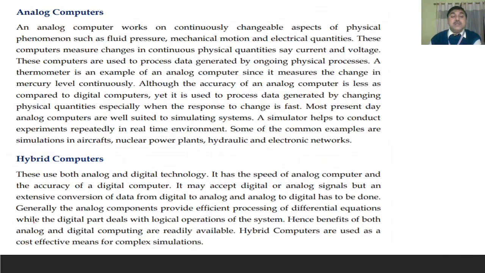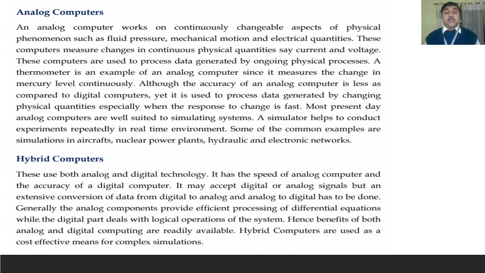Now next one, what is that? The analog computer. An analog computer deals with phenomena such as fluid pressure, like blood pressure. When a machine takes the measurement of blood pressure, it is an analog machine. You see some lines when the heartbeat is being checked. Similarly, there is the seismograph.